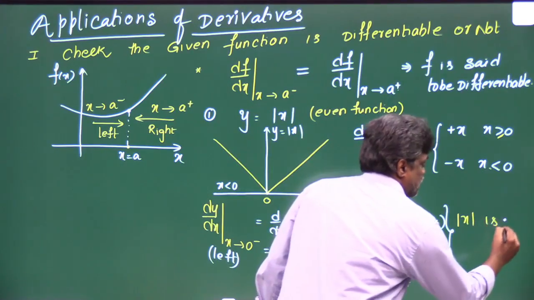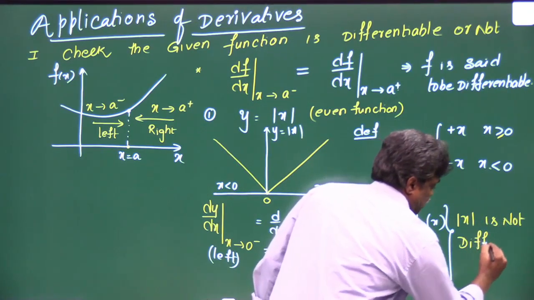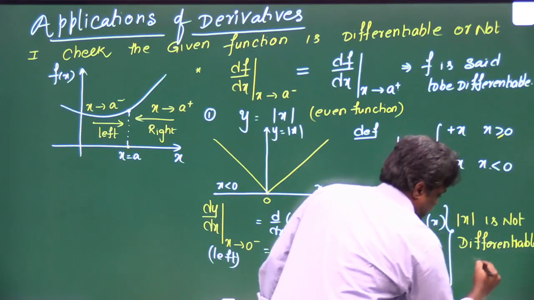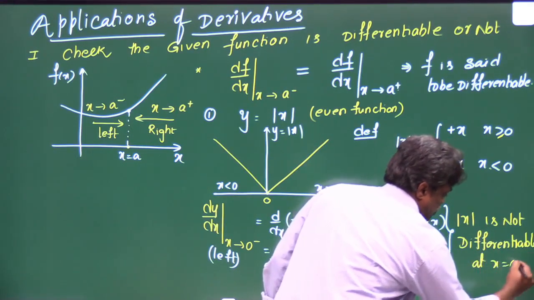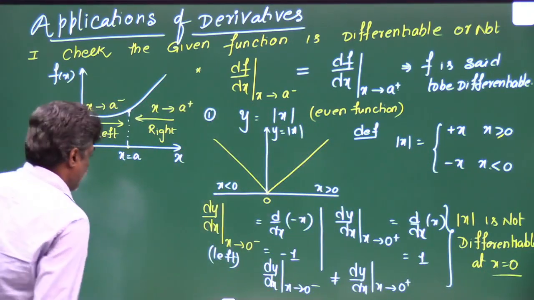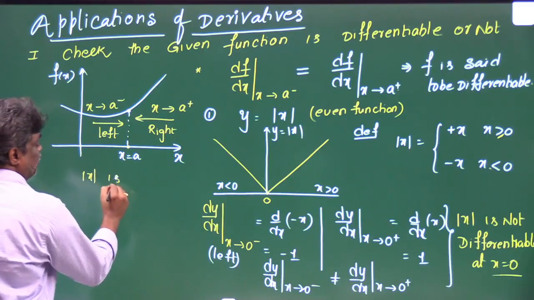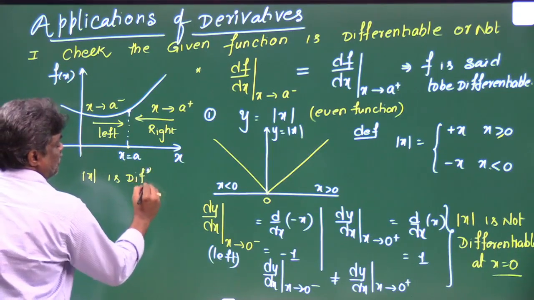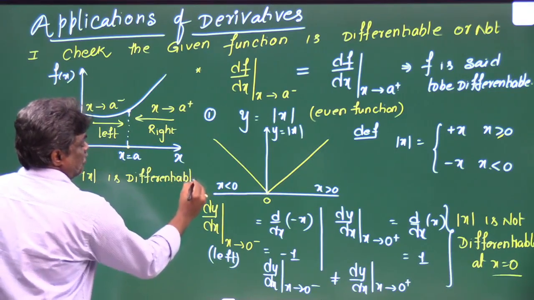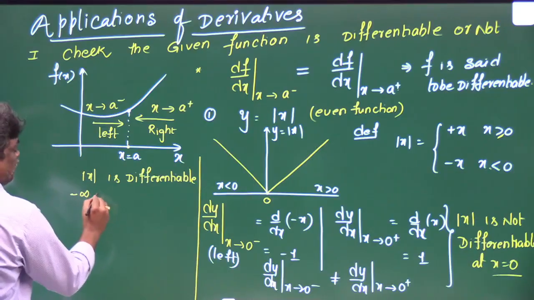So mod x is not differentiable at x equal to 0. So if anybody asks whether mod x is differentiable or not, you have to say the mod x function is differentiable in this region, that is minus infinity to 0.